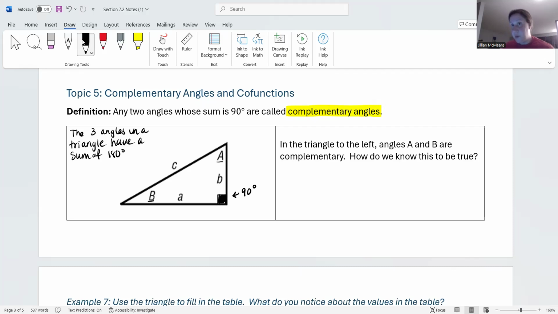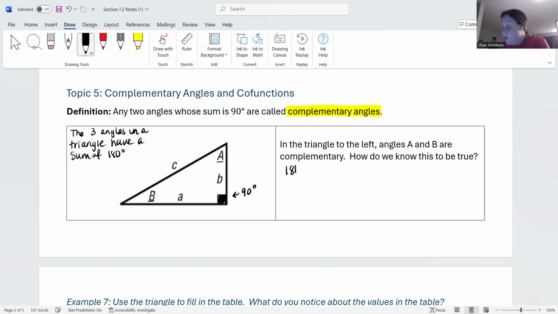So we know complementary angles are any two angles that have a sum of 90 degrees. Well, how do we know that A and B are complementary? Kind of easy. We know that the three angles of a triangle are 180 degrees. I just told you that. When you're dealing with a right triangle, we have one 90-degree angle.